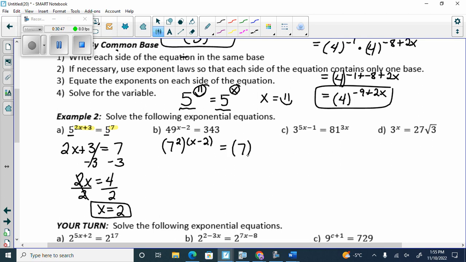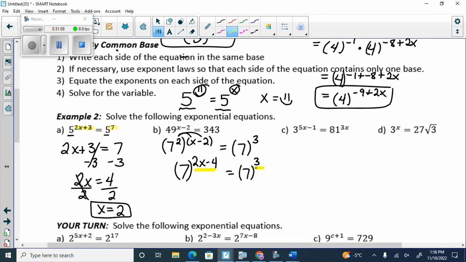343 is 7 cubed. So then I have to distribute this through. So I get 7 to the 2x minus 4 equals 7 to the 3. If this is a true statement, I can then say that this must equal this, correct?